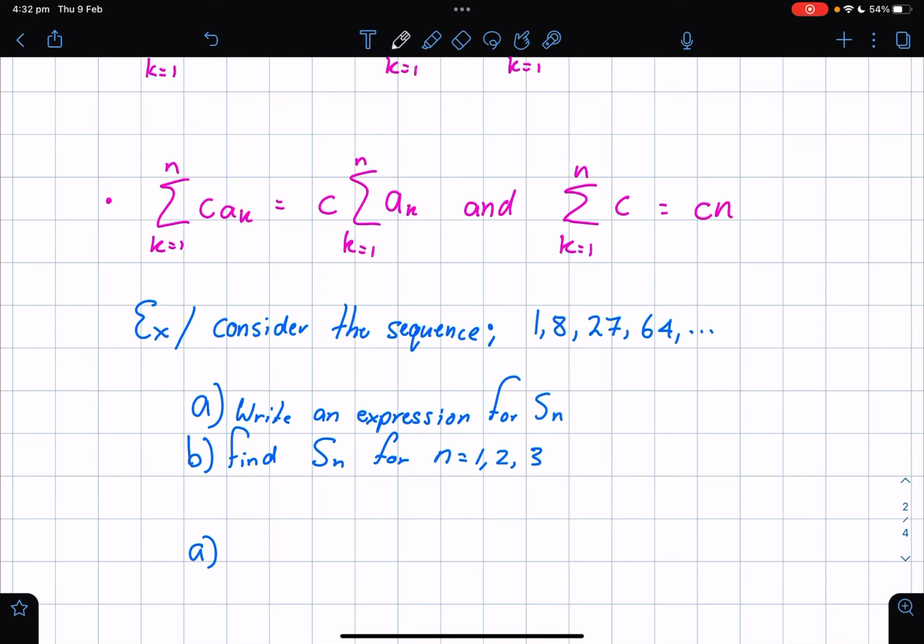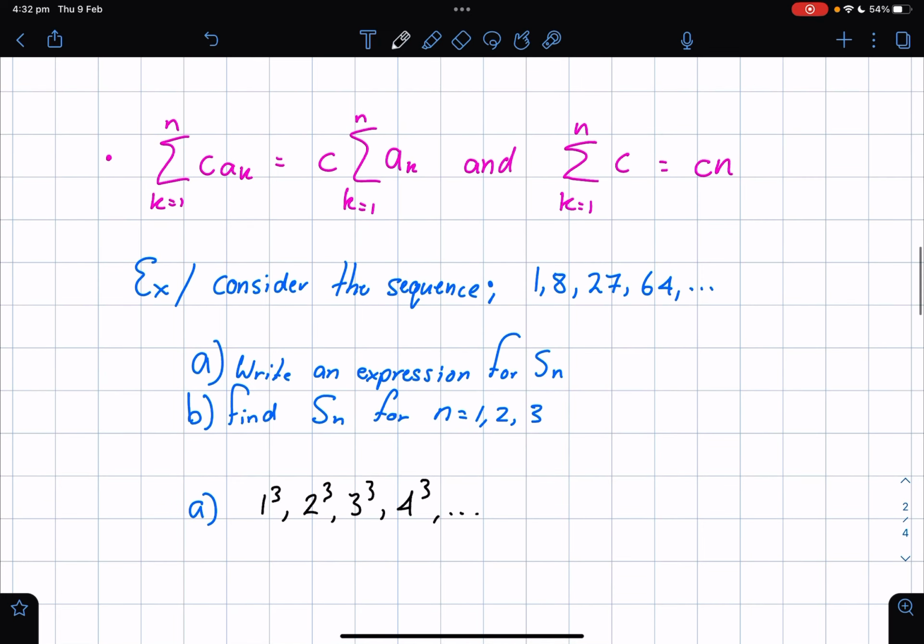So what I can notice here is these are all cubed numbers. So this is actually 1 cubed, 2 cubed, 3 cubed, 4 cubed, and so on. So all of these are n to the power of 3. This is n equals 1, n equals 2, n equals 3, n equals 4.